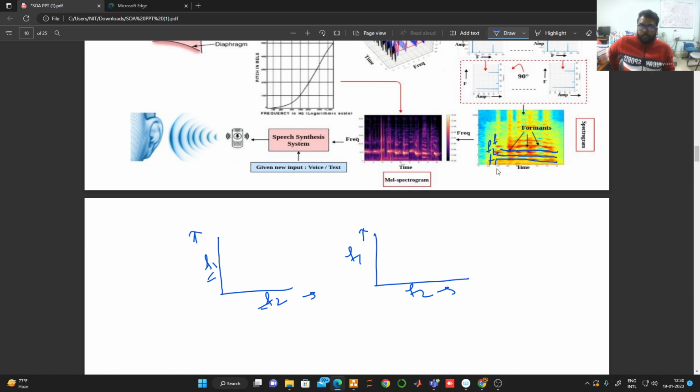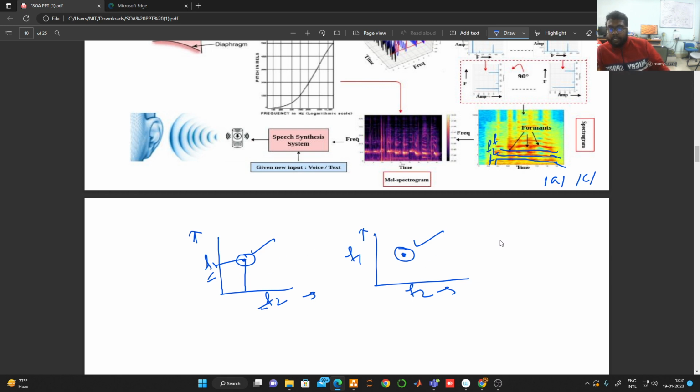Say, for example, you have uttered a sound, say A, and say C. Based on the values of F1 and F2, you can plot it somewhere, just like in two-dimensional coordinate geometry. Once we plot these values of F1 and F2 on the two-dimensional axes, we can get an idea about which phoneme it could be, which basic sound has been uttered by the person.